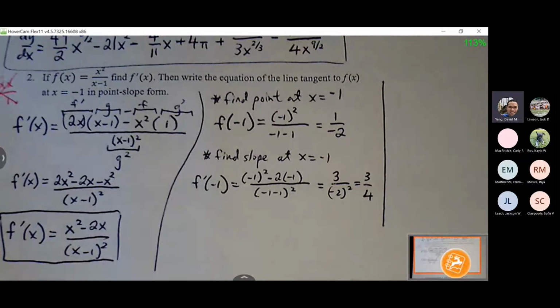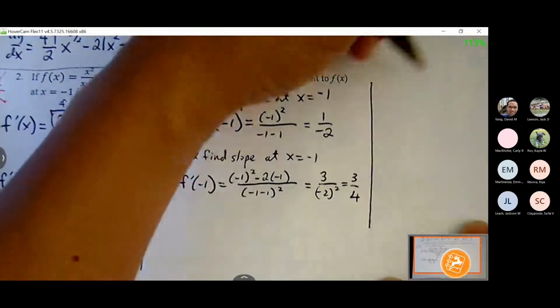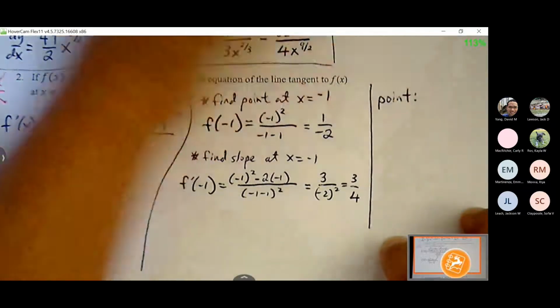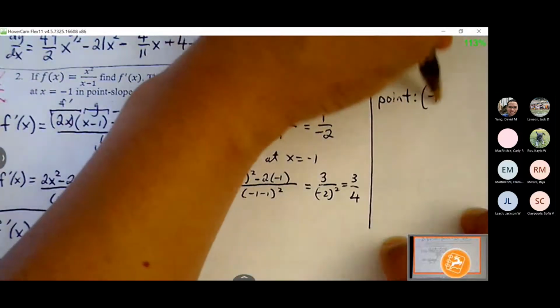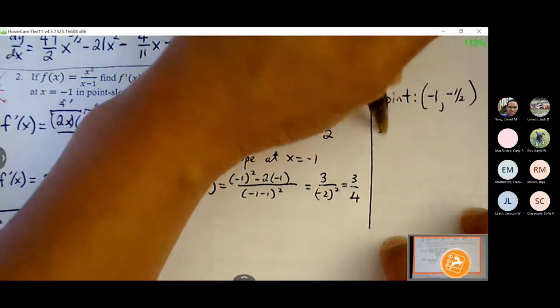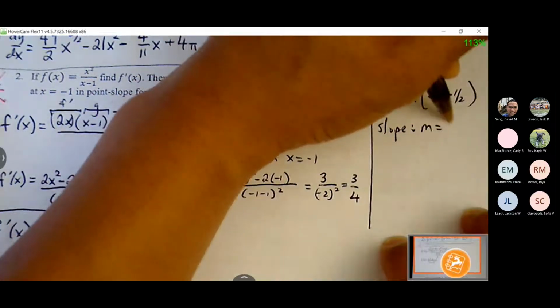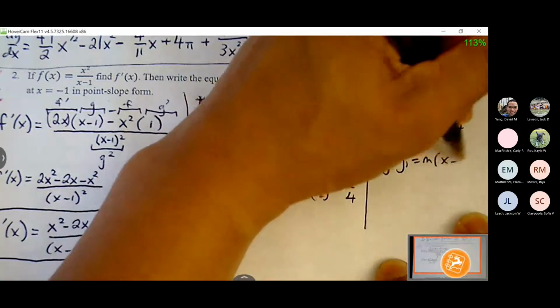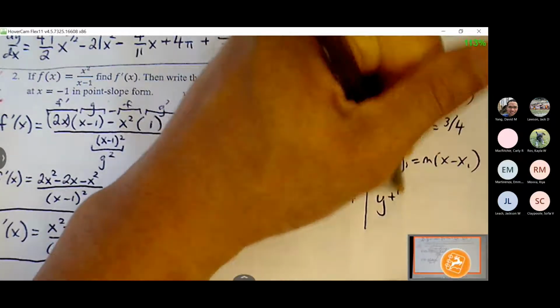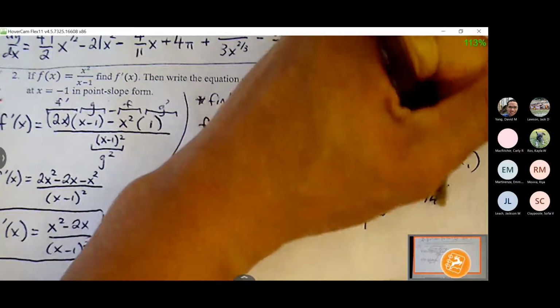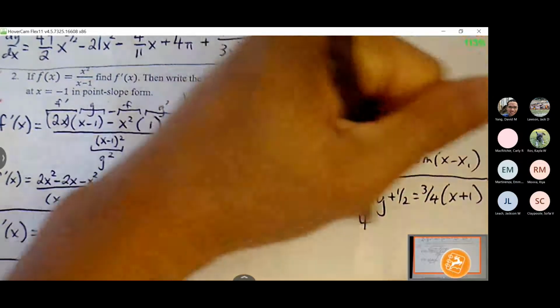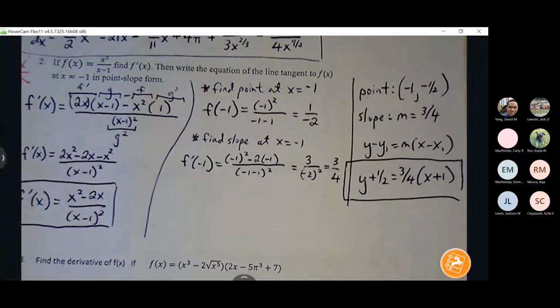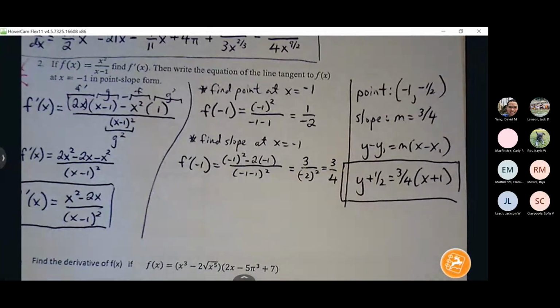Okay, so we have our ordered pair, we have our slope. Now we can put it into point slope form. Okay, any questions through this process?